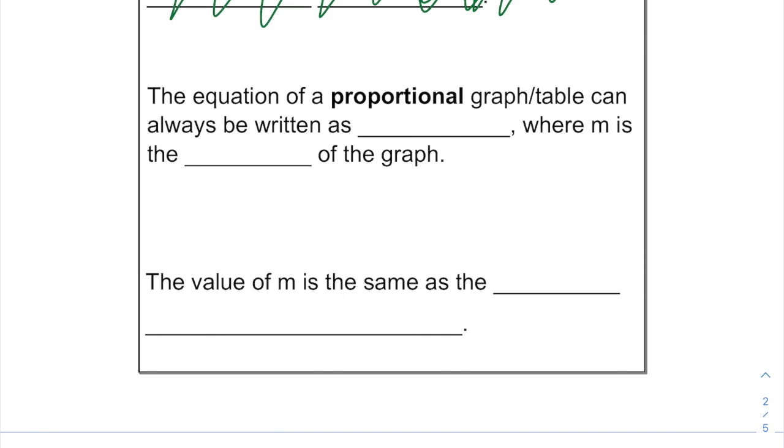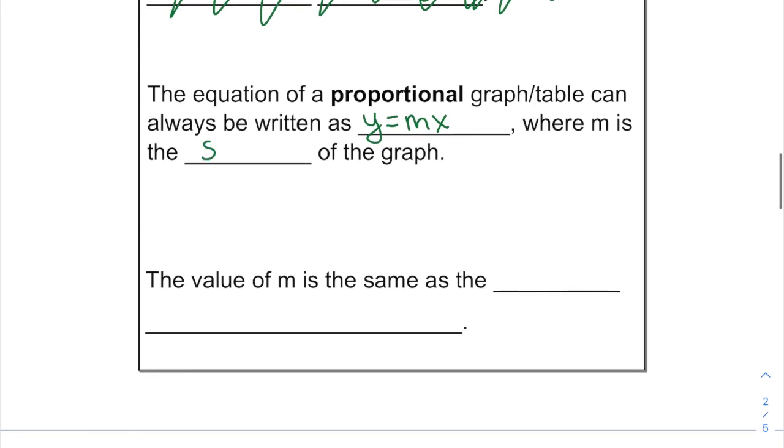So the equation of a proportional graph or table can always be written as y equals mx. And we already know what m is. We've been working with m for the last week. Where m is the slope. So m is going to equal the slope of the graph.